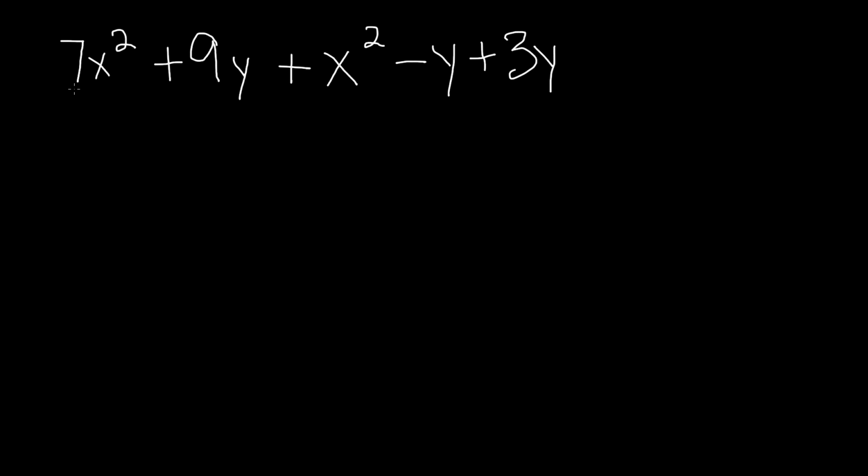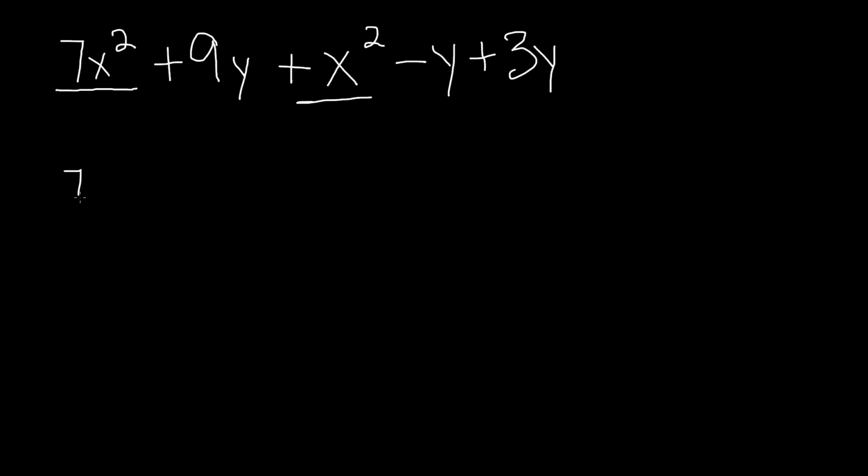So remember, to find the like terms, you have to look at two factors, which is that the variable has to be the same, and then the power of that variable also has to be the same. Okay, so basically in this expression we have 7x to the power of 2, and then we have x to the power of 2, and these are the two terms with x as a variable. That's why I chose them.